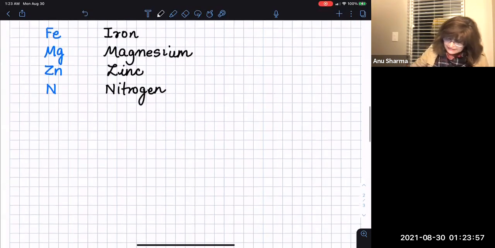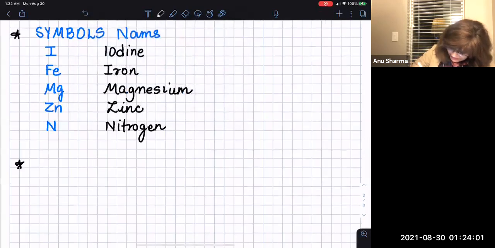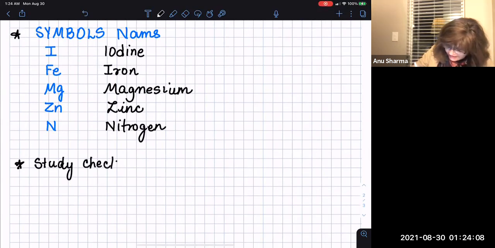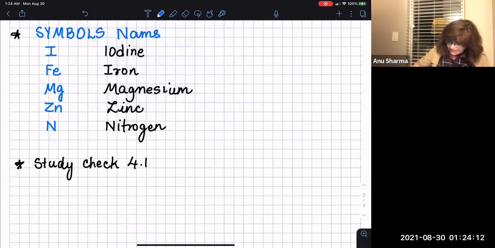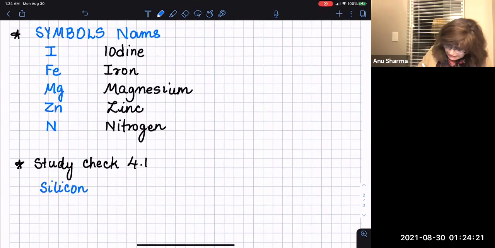All right, next look at the study check problem 4.1. Here they are saying, write the chemical symbols for the elements silicon, sulfur, and silver.